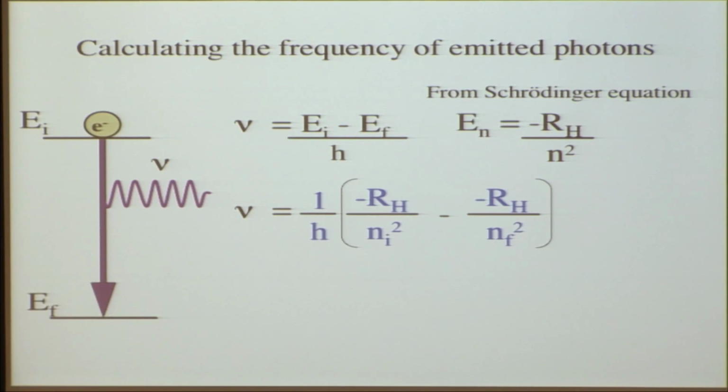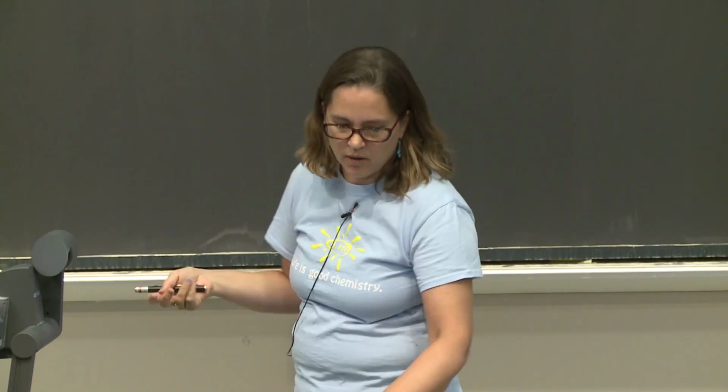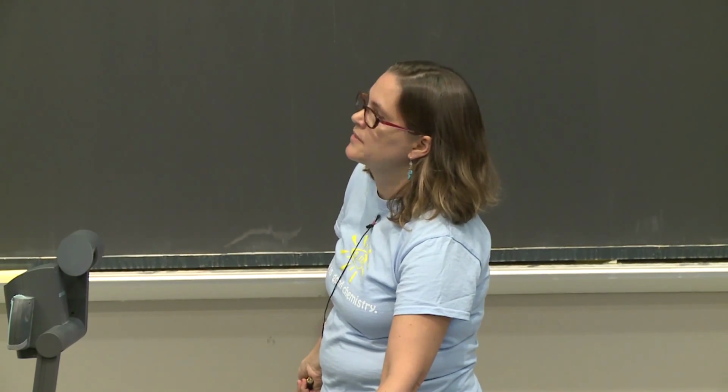And we can also simplify this a little more, pull out RH over here, and now we just have 1 over the final. We have minus a minus, so we've rearranged this: 1 over n final squared minus 1 over n initial squared. And we have an equation that solves for the frequency in terms of Rydberg, Planck's constant, and what the principal quantum numbers are, what n is.